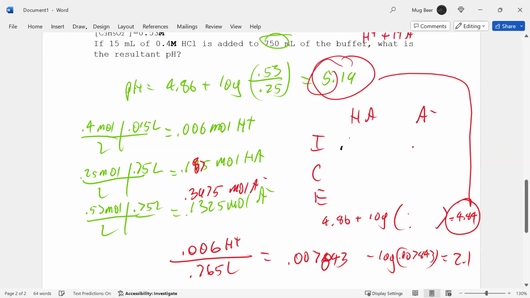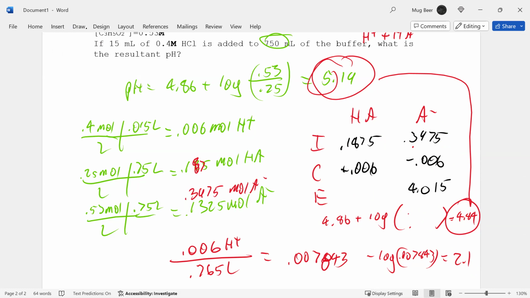So this was supposed to be 0.1875. This is supposed to be 0.3975. And so I subtract off 0.006 and I add 0.006. So this becomes 4.015.